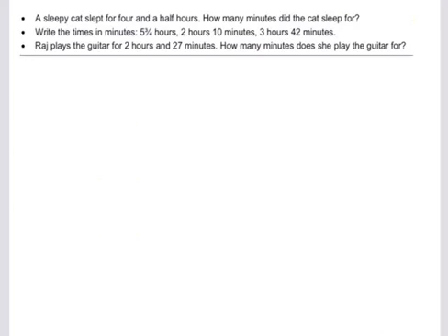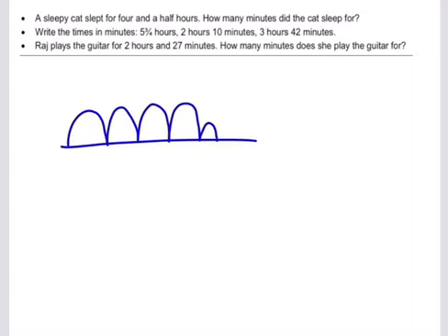So, let's have a look at these. A sleepy cat slept for 4.5 hours. How many minutes did the cat sleep for? It slept for 1, 2, 3, 4.5 hours. That's a whole hour, whole hour, whole hour. And this is half an hour, which we know is 30 minutes.